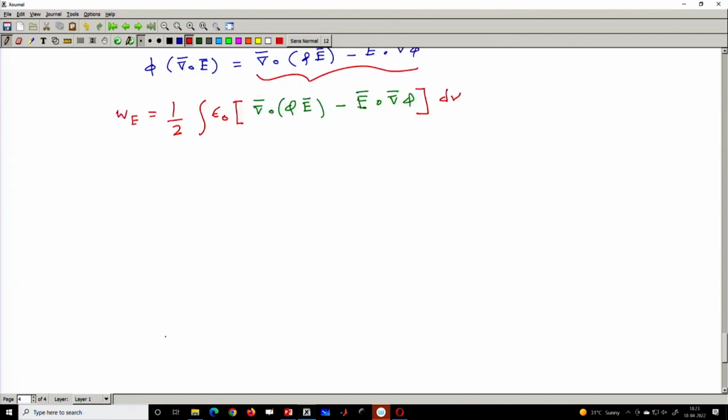Okay, this is the term, and I can divide it into two parts.